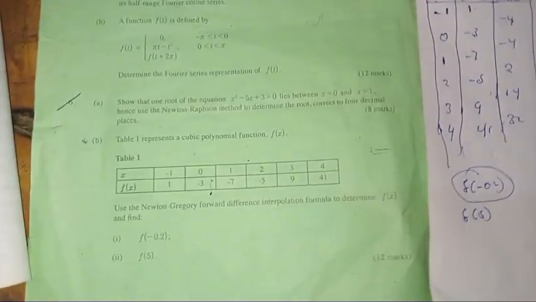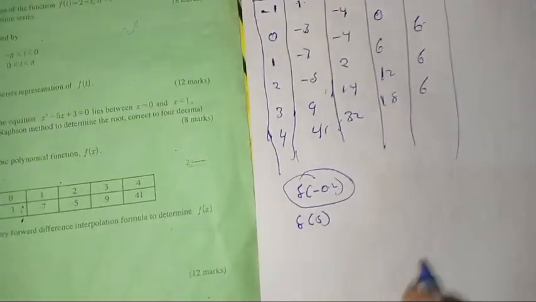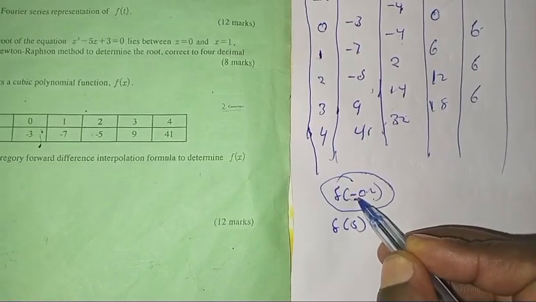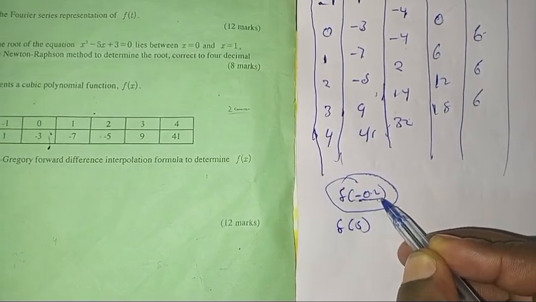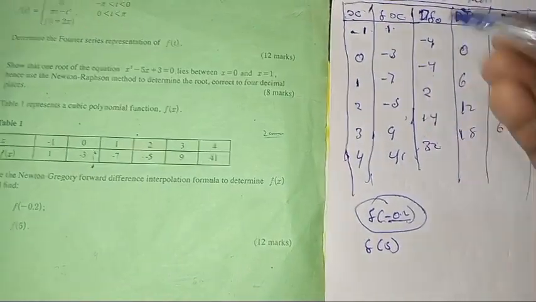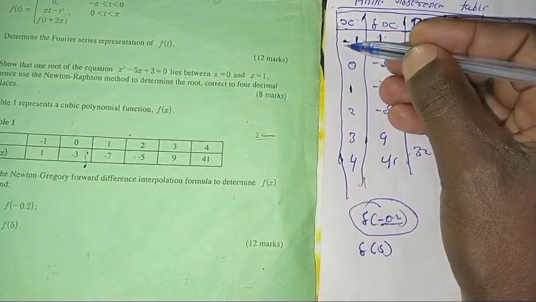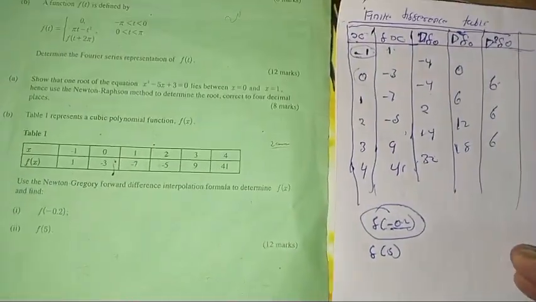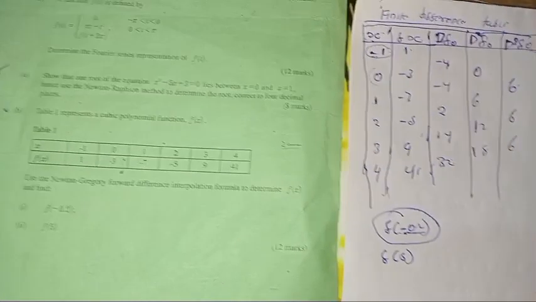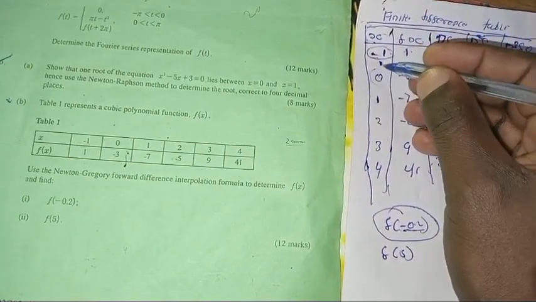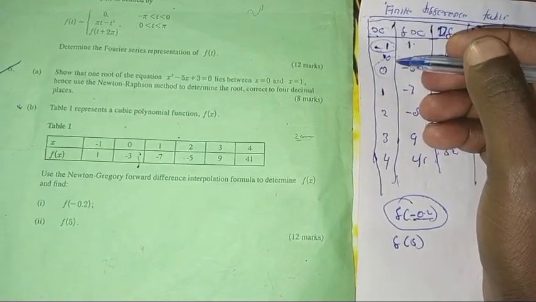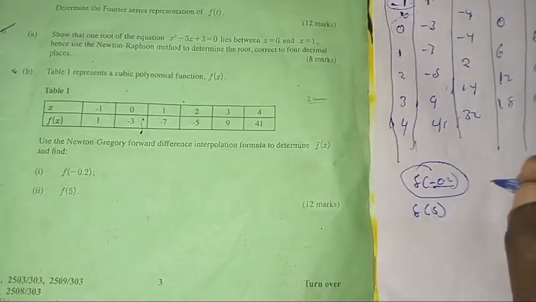We ask ourselves, where does -0.2 lie here? It lies between -1 and 0.